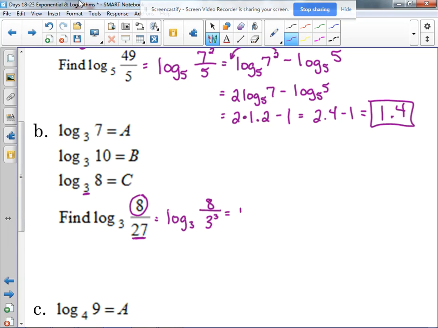We are dividing again, so that is our quotient property. That becomes the difference of these logarithms. And then we have a power, so we want to move that in front.